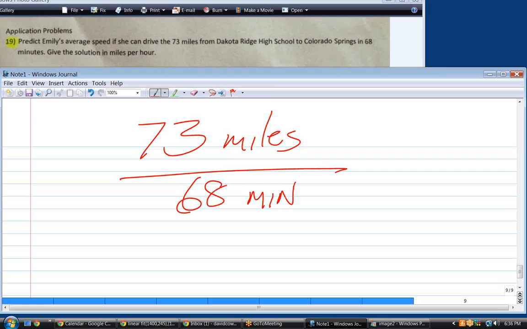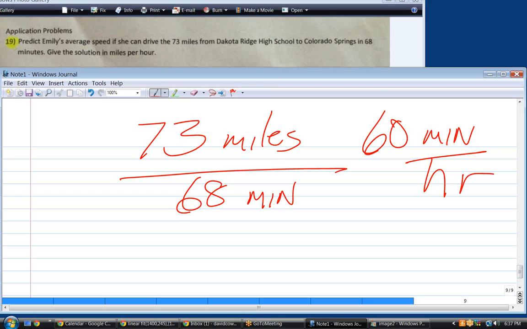What they want is this solution in miles per hour. I already have miles in the numerator, so all I have to do is convert the denominator to hours. What's the conversion rate, minutes to hours? 60 minutes per hour.